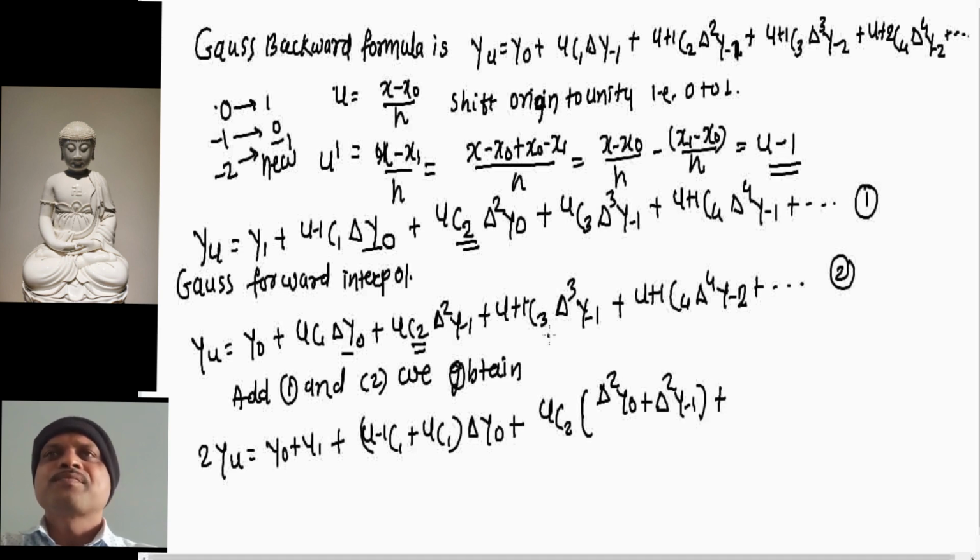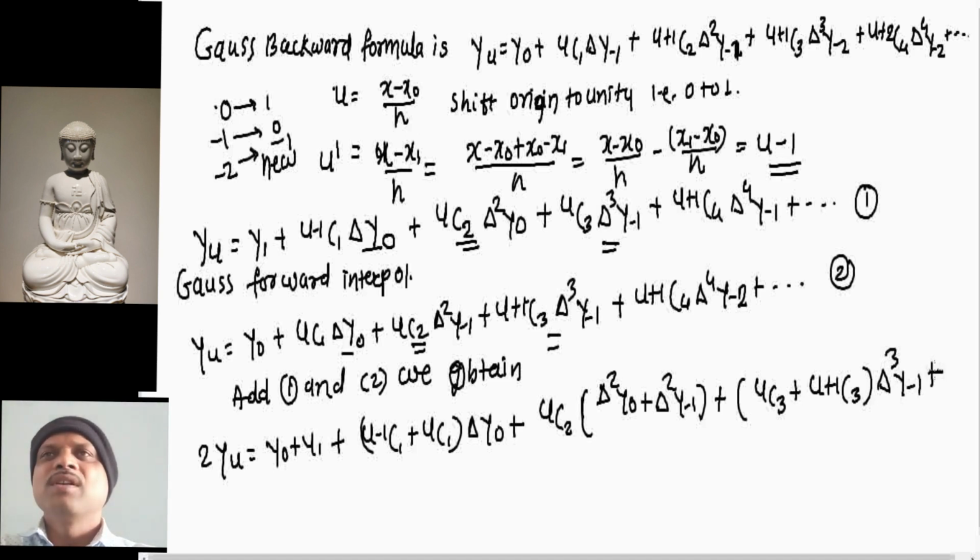Plus delta cube y at minus 1 is common, hence the addition of coefficients u c3 plus (u plus 1) c3 into delta cube y at minus 1. Plus now here (u plus 1) c4 is a common term, and we have delta raised to 4 y at minus 1 plus delta raised to 4 y at minus 2.